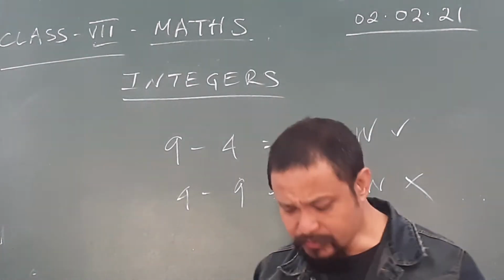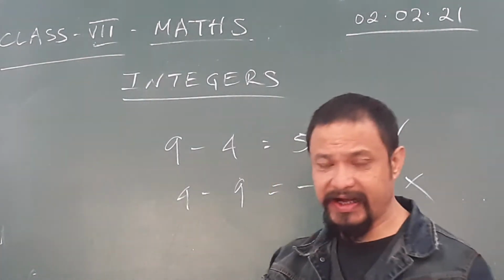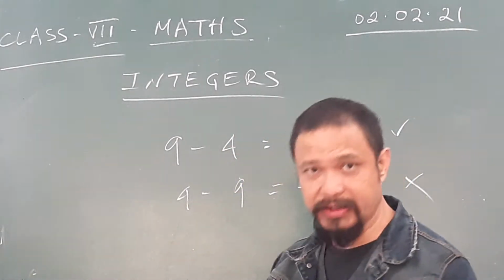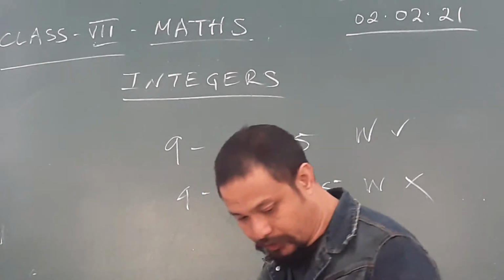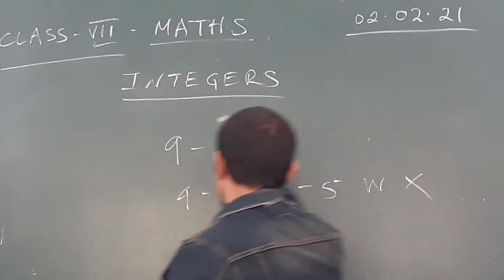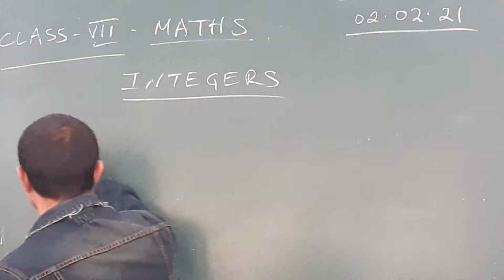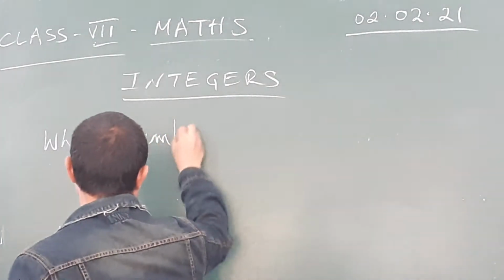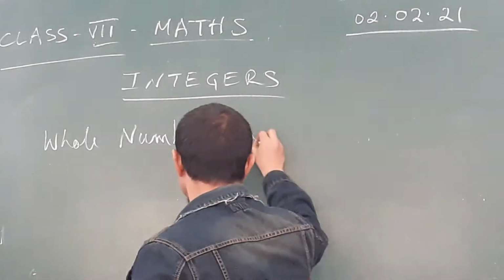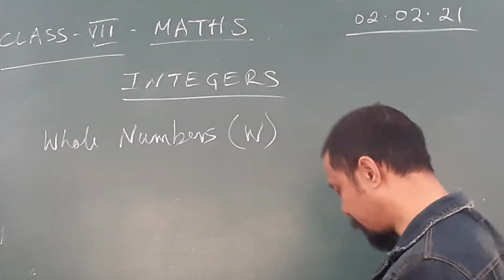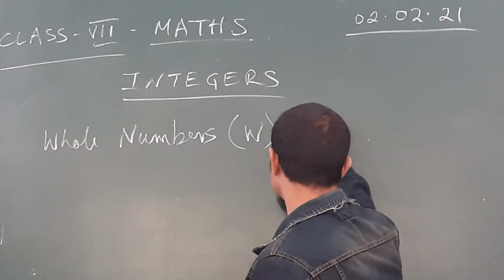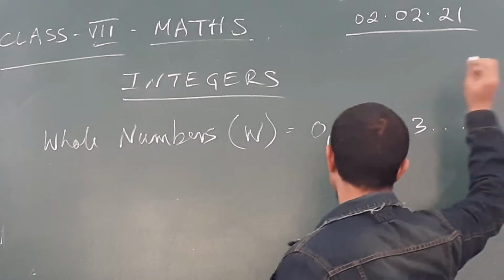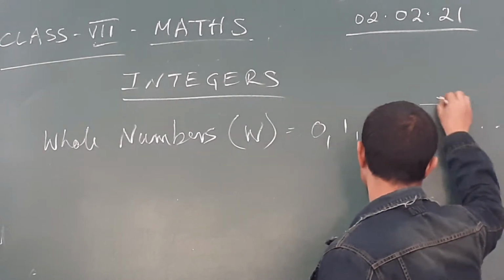Now, before I go into integers, a little bit of recap. What are whole numbers? What are natural numbers? What are integers? So whole numbers are numbers that start from 0: 0, 1, 2, 3, and so on. The symbol is capital W. It keeps going.